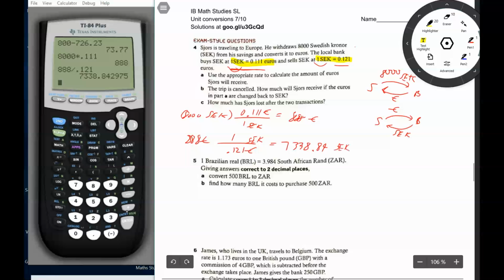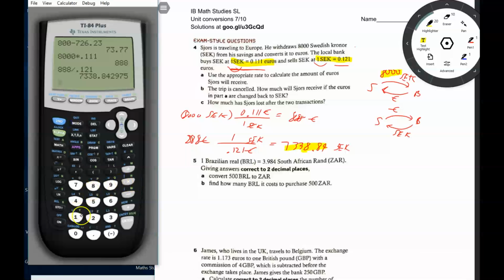Okay, and then it says how much did he lose after the two transactions. Remember that he started out with 8,000, he ended up with 7,338. So I could do 8,000 minus 7,338, and I get 661.16.